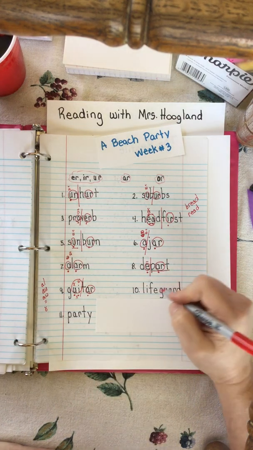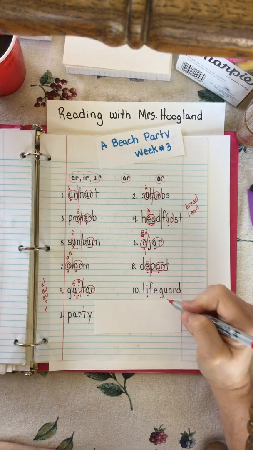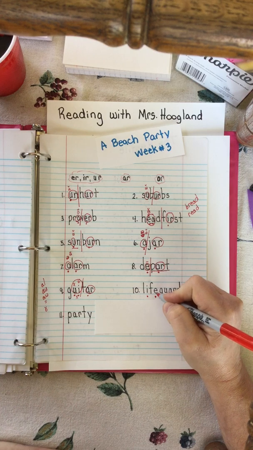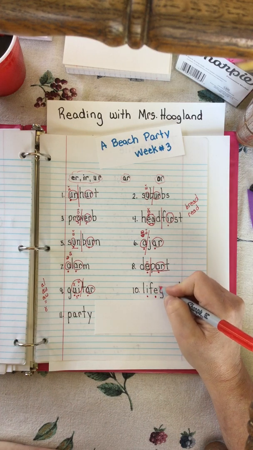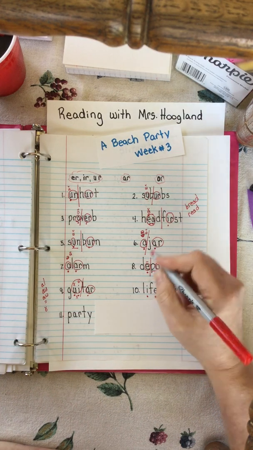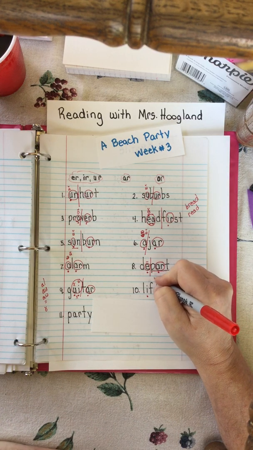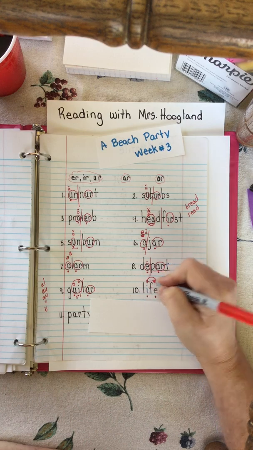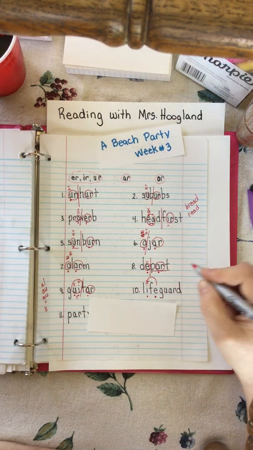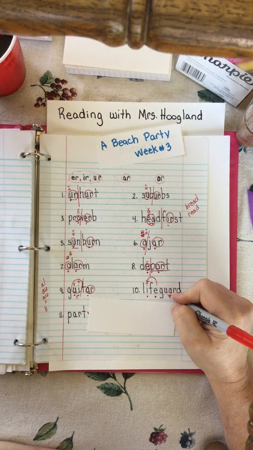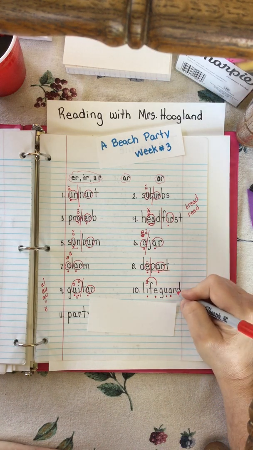Next word. It's an awfully big word. I see a vowel E. A vowel E might be a two-syllable word or a compound word. I see the E can jump over one consonant to the vowel before it and make that one say its name. And then I have a G, then I have a U, A, and then I have a RD.